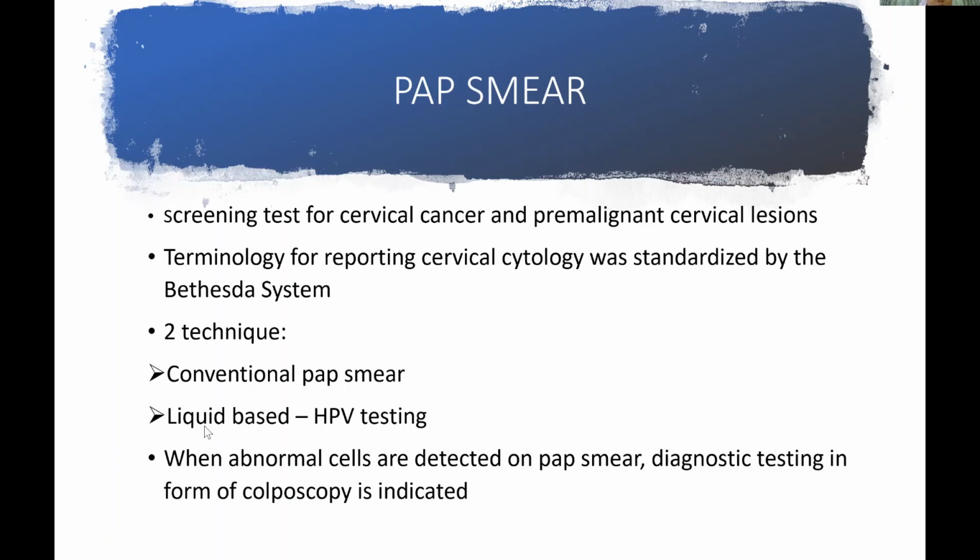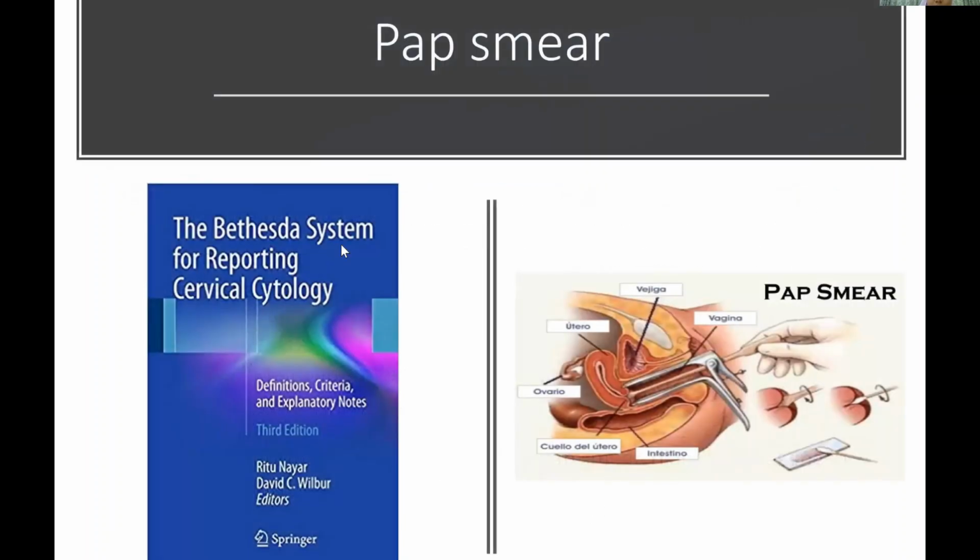For liquid based, when the doctor gets the sample, they insert the brush into a bottle containing a special liquid and then send it to our lab, where we make it into a slide. The advantage of the liquid based technique is that we can proceed with HPV testing using the PCR test. All right, this is the book that we use for reporting cervical cytology, the Bethesda system.